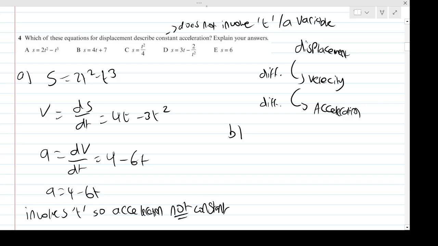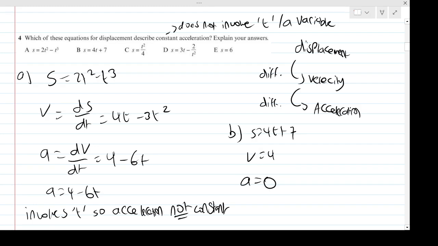Then for part B, we have s is 4t plus 7. If I differentiate this, the velocity: 4t goes to 4, and then 7, any number, goes to 0 when it differentiates. So the velocity is just 4. Then to get the acceleration, if I differentiate 4, that's just a number, so a goes to 0.